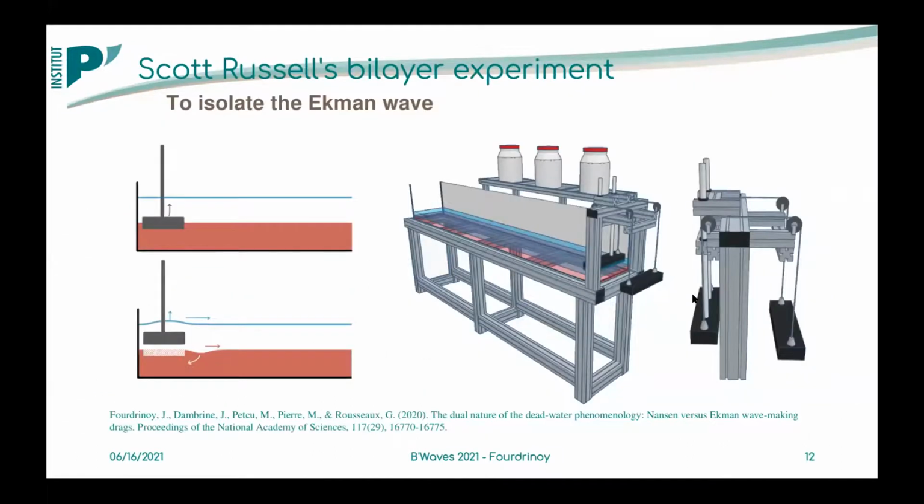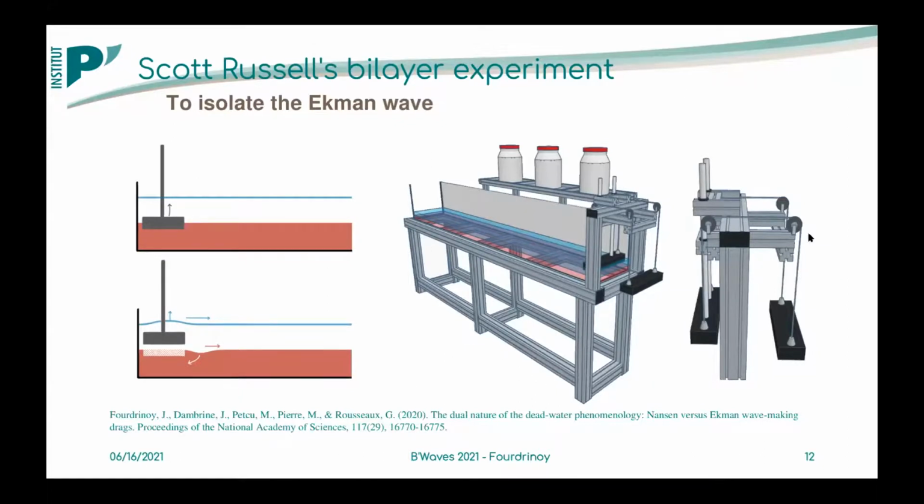The Ekman wave is smaller than the Nansen wake, so in order to be able to study it more precisely, we seek to generate it differently. For this, we were inspired by the work carried out by Scott Russell during his studies on single layer boat waves.